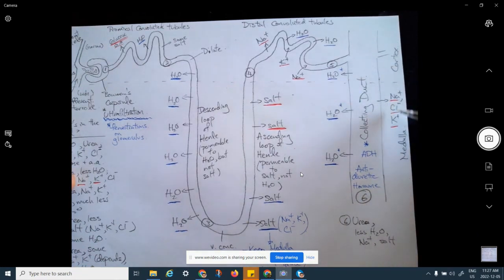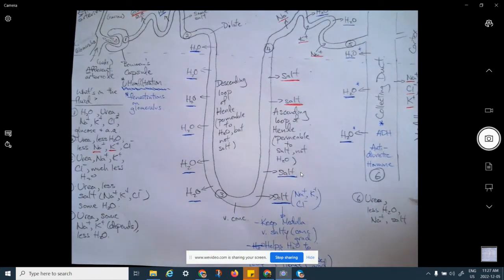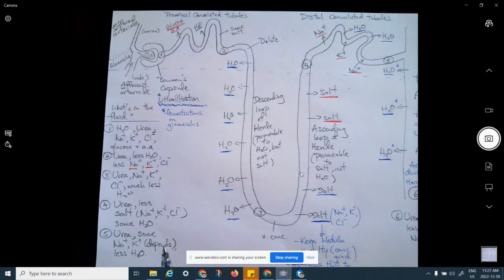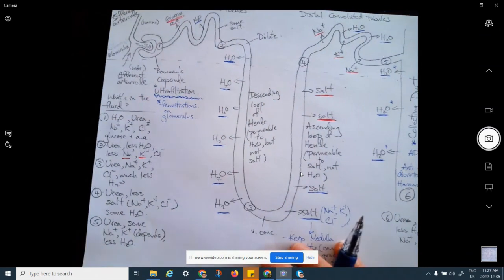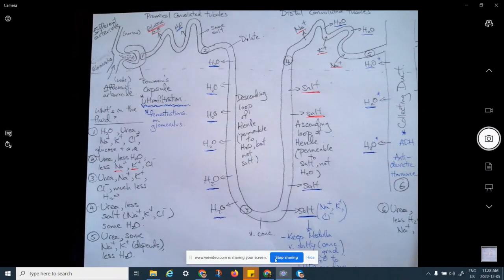Also, some salt, sodium, potassium, and chloride ions are actively pumped out. So by the time your urine comes out, you'll have lots of urea, but less water and salt compared to before when it went in. Okay? So that is the whole process. I'm going to stop recording.